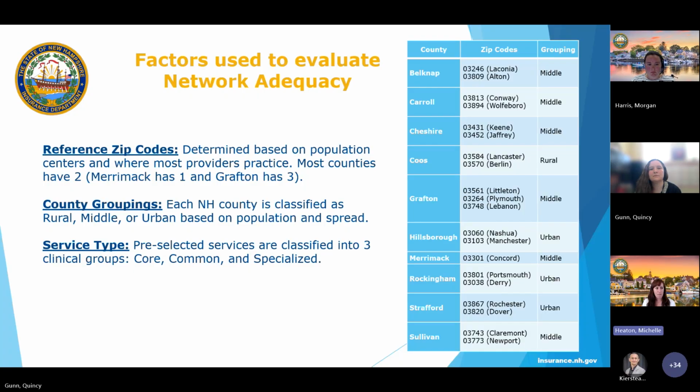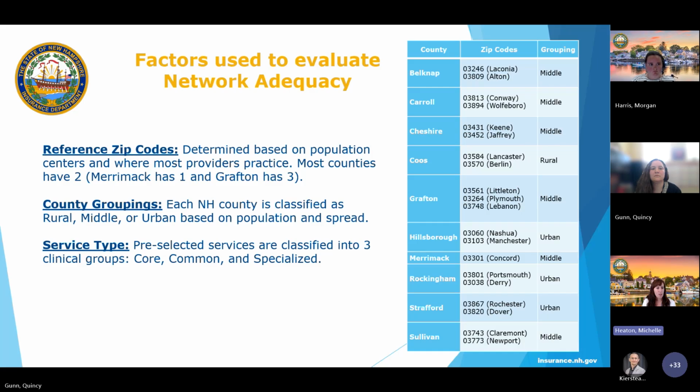Most counties have 2 reference zip codes, but Merrimack has 1 and Grafton has 3, and that's because of the geography of our state. That's why we like our approach in New Hampshire, because we're really taking into account where services are actually located, where people actually live, and some of the geographic quirks of the way counties are drawn up.